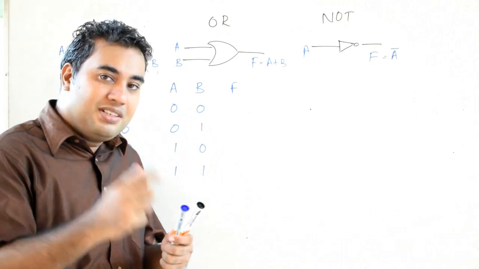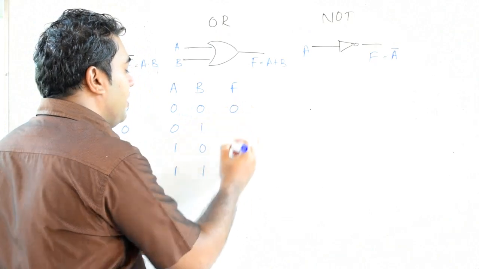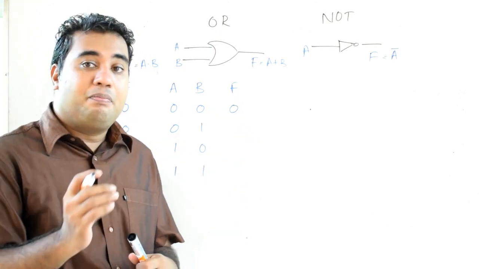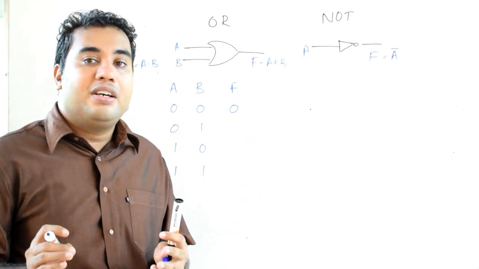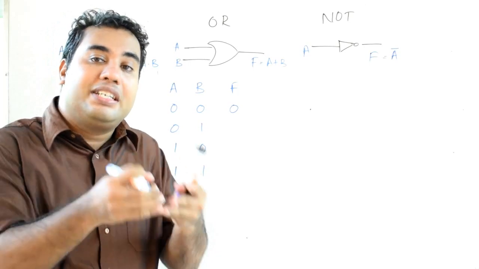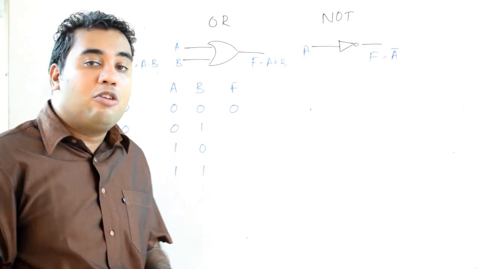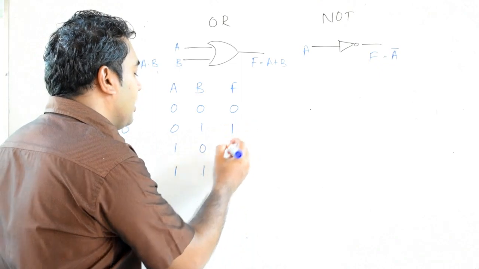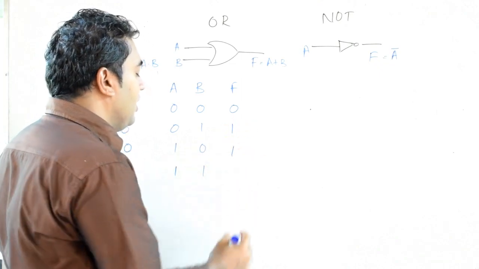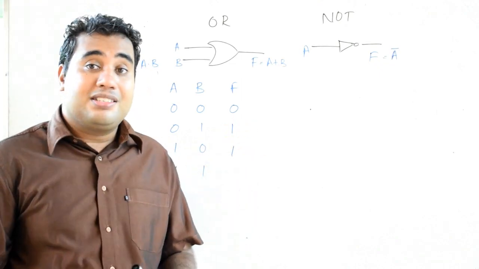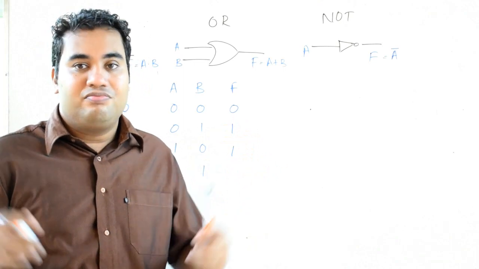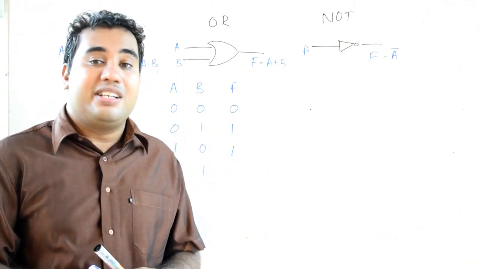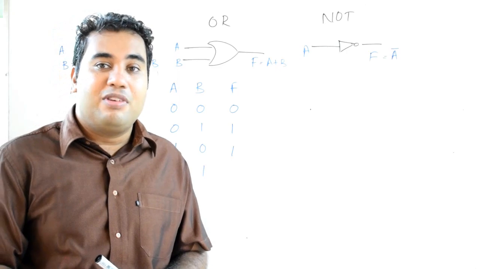So the output will be simply 0. 0, 1. B is 1. So it has provided a value to the gate, so there will be an output. The output will be 1. Here also 1. And the last combination, 1, 1. So it is okay, you have both inputs. So the output still will be 1.